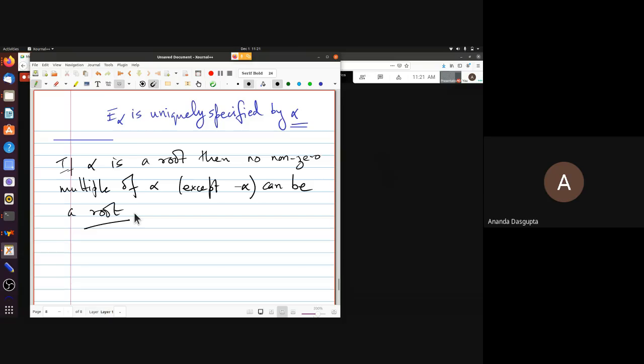So we already know that alpha is a root. That means we already have an E3, E plus, E minus corresponding to alpha. The fact that you have an SU2 corresponding to alpha immediately tells you that no multiple of alpha, apart from minus alpha, can be a root. How do you prove that? Well, again, go by contradiction. You assume that there's a K alpha. So E3 acting on E K alpha, which is the commutator of E3 with E K alpha, of course. What will this be?